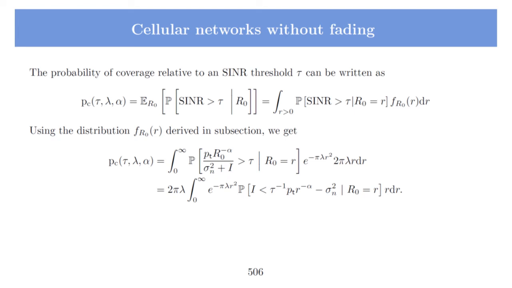Remember, R is coming because of R0; R0 is equal to R here. This is conditioned on R0 equal to R. And then e to the power minus lambda pi r square, R dr, and 2 pi lambda will come outside. Now the rest of the terms are easy. The only term which is confusing and complicated here is the probability that I is less than something.